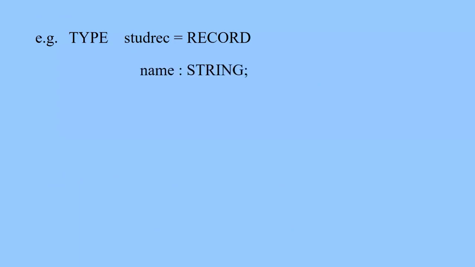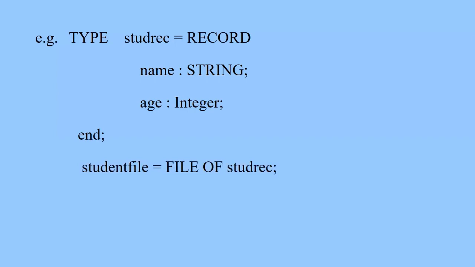And a file is composed of several records. Therefore, after having defined a record, we have to declare a file of type record. In this case, our file is called student file, and it is a file of our record, which is student.